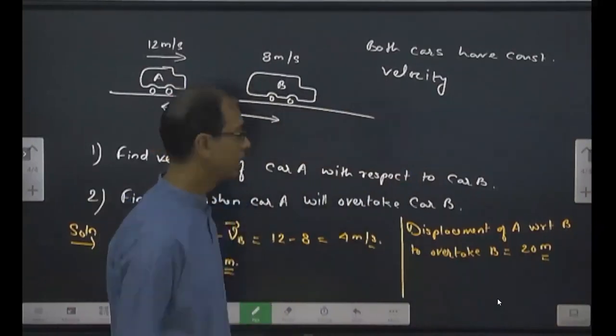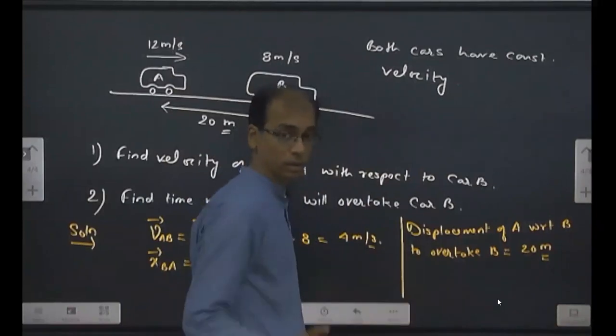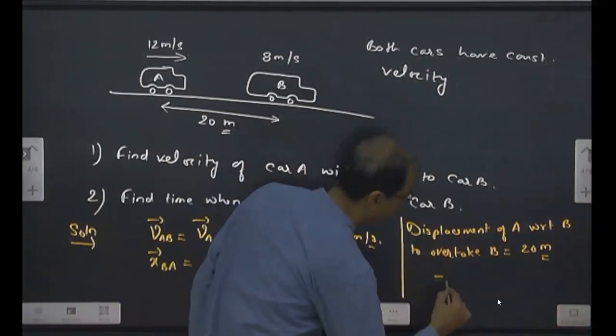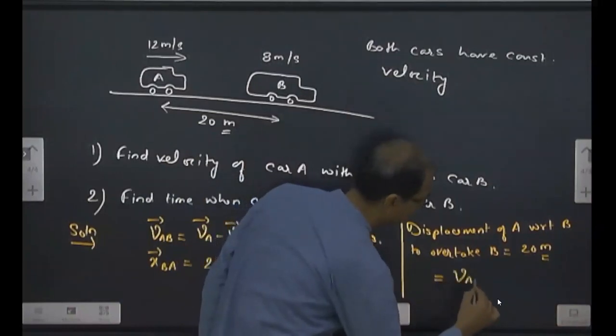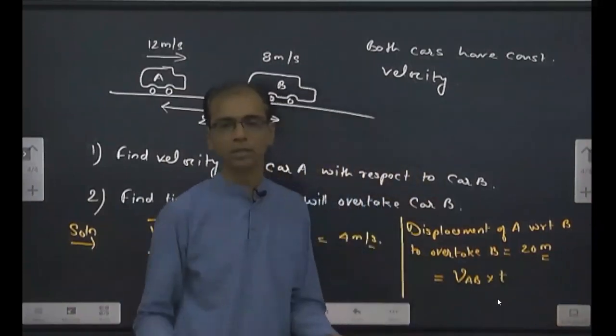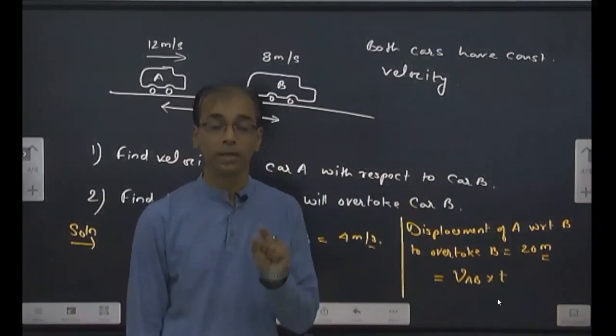Okay, and this is equal to displacement of A with respect to B to overtake it. Remember that, the word overtake. That's equal to velocity of A with respect to B into time, because displacement is velocity into time only when acceleration is not there.